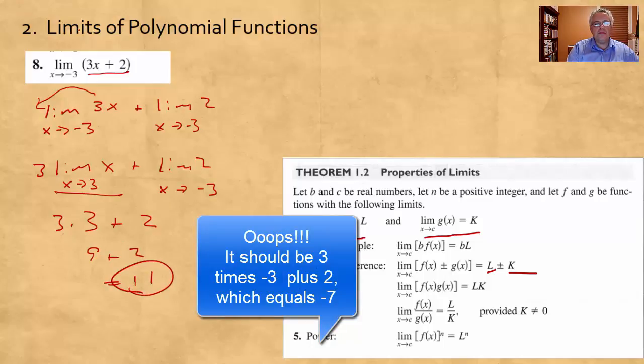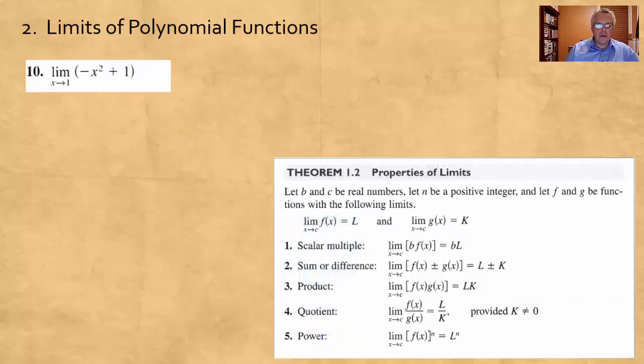So I kind of broke it up. The limit of 3x and the limit of 2. I can bring, instead of 3x, bring the 3 out front, which is the limit of x, and that's how I did it. All right. After a couple tries, trying this a couple times, I think it'll make sense. So here, we have a polynomial function. I can split it up.